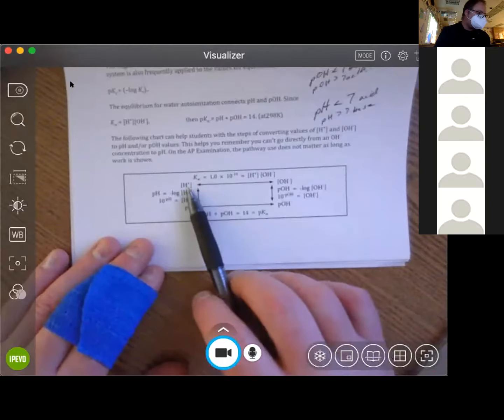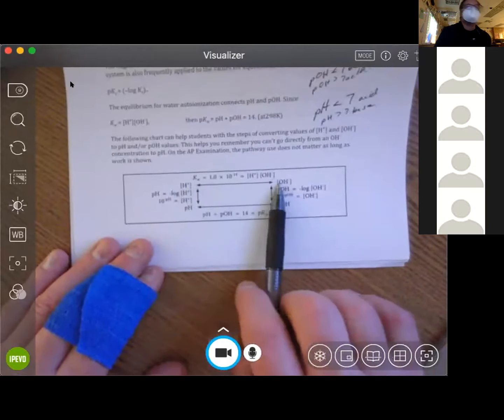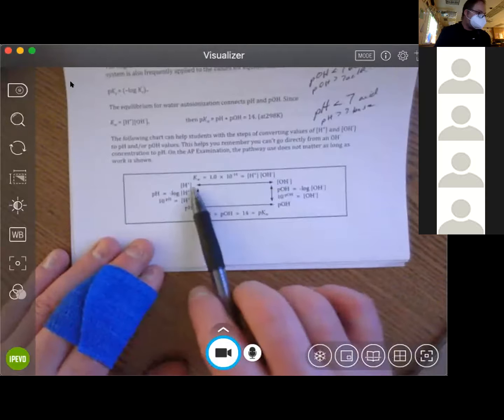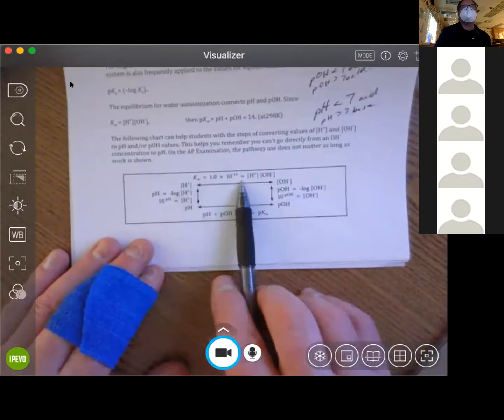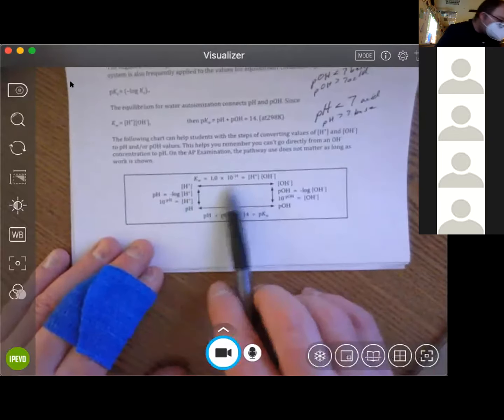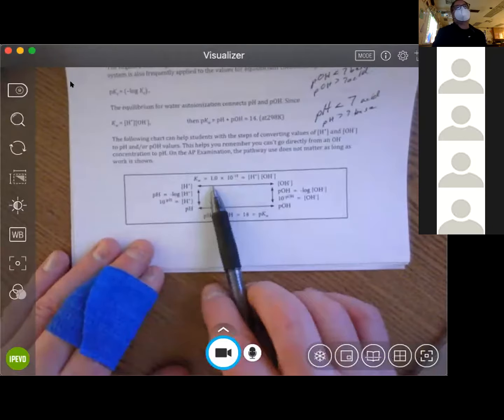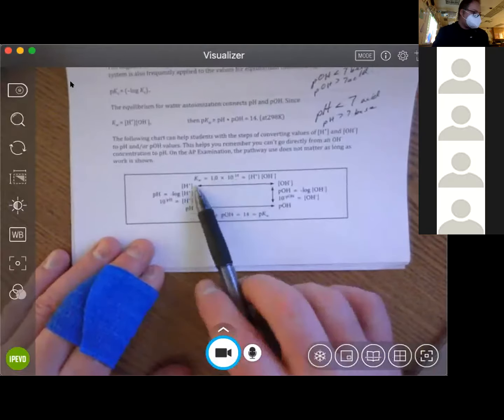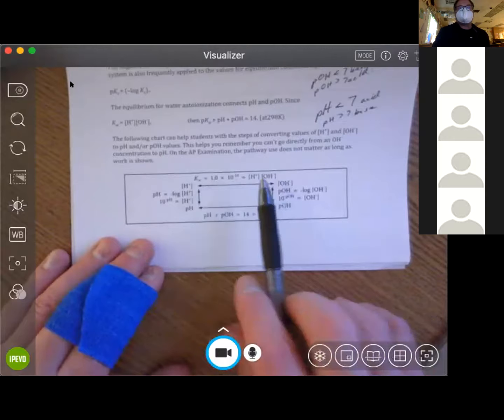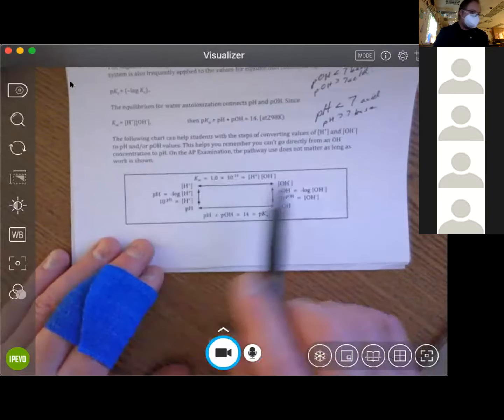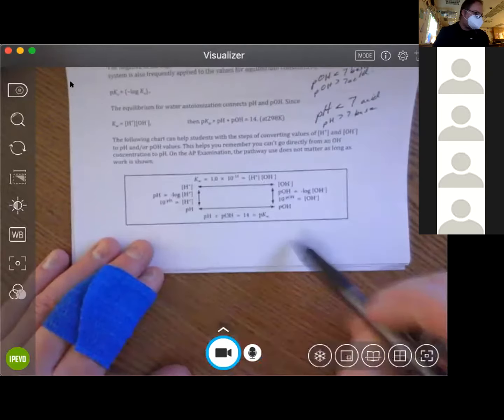If you have the hydrogen ion concentration and you want the hydroxide ion concentration, well, then you basically use that 1 times 10 to the negative 14th, or what we called the water equilibrium constant, and that would give you this one. Go back the other way, up, down, left, right.